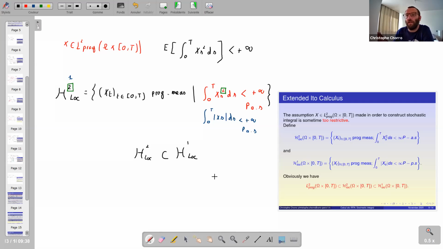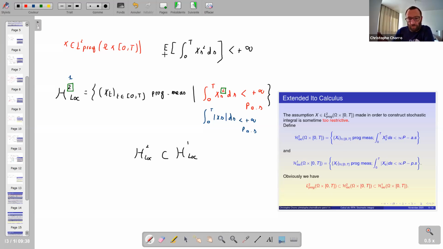I repeat that L2 is included in L1, and here I have a condition with the integral of the square, here the integral of the absolute value. It's just a simple consequence of the Cauchy-Schwarz inequality that if I fulfill this one, then this one is finite, because I do a Riemann integral on a compact set here. So this one is always true.